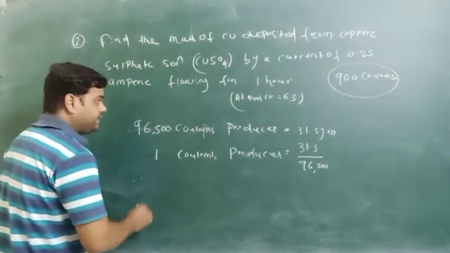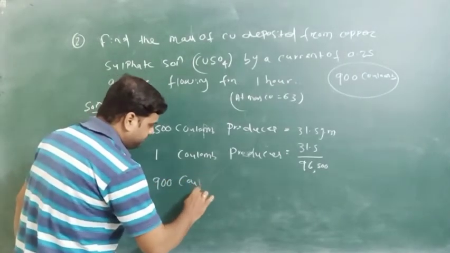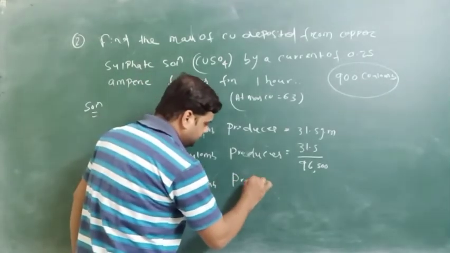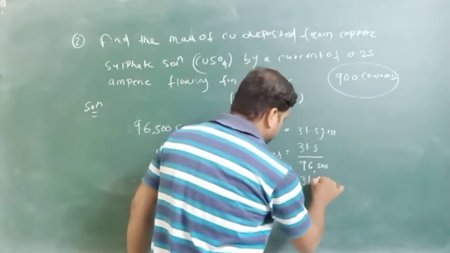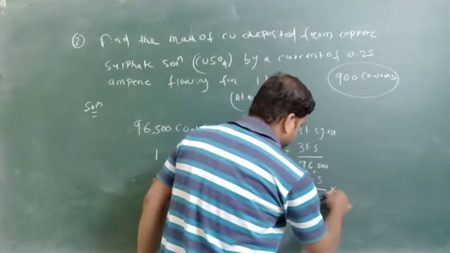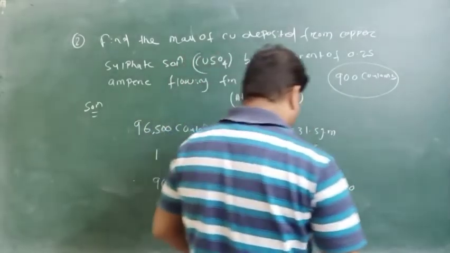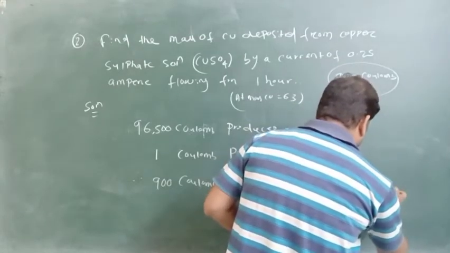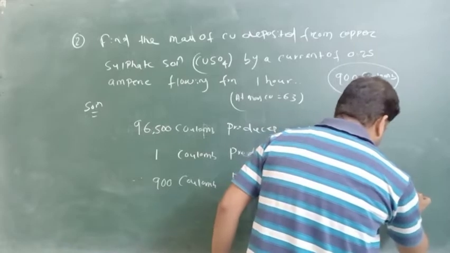Therefore 900 coulombs of electricity produces 31.5 by 96,500 into 900. You just calculate the value, and it will be 0.2937 grams.